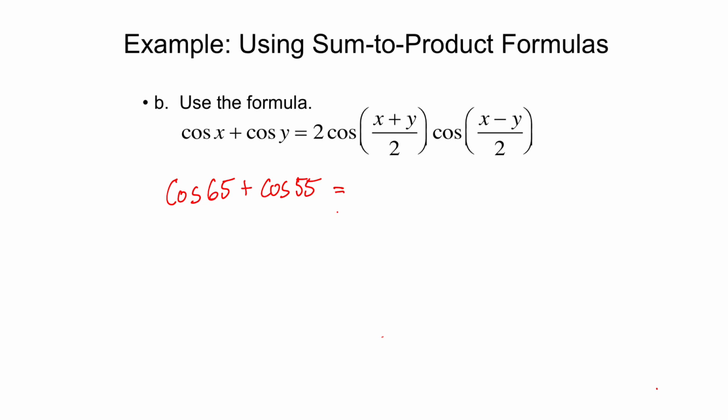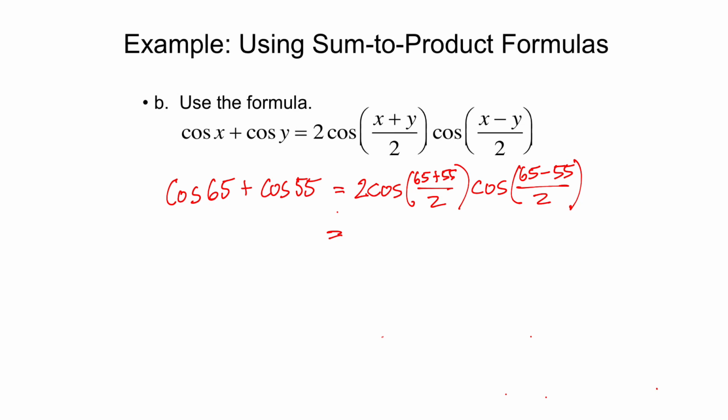Let's actually try doing this with part b, the part that we want to do second, where we have some actual values here, 65 and 55. And we're just going to take it as far as we can, applying this formula. So this is 2 cosine of (65 plus 55) over 2 times another cosine of the difference, so (65 minus 55) all over 2.